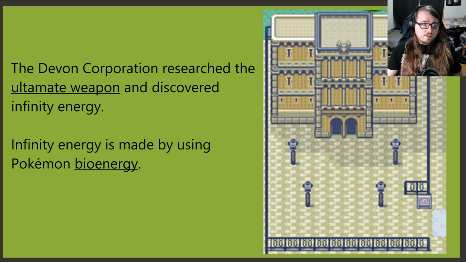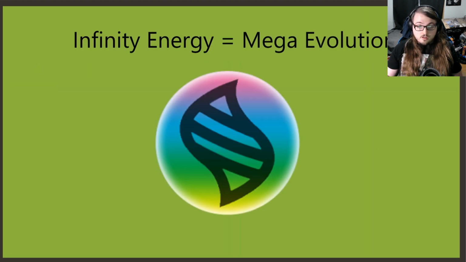They were specifically researching the ultimate weapon, which they discovered that Infinity Energy is made by using Pokemon Bioenergy. So, that means that Infinity Energy equals Mega Evolution. So if you get Infinity Energy, you just get Mega Evolution.